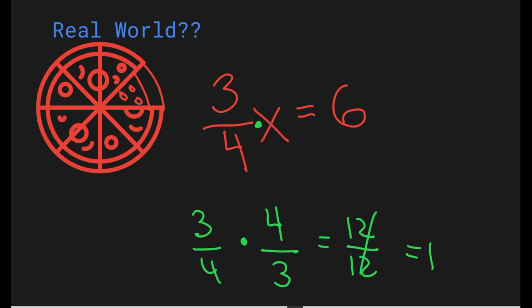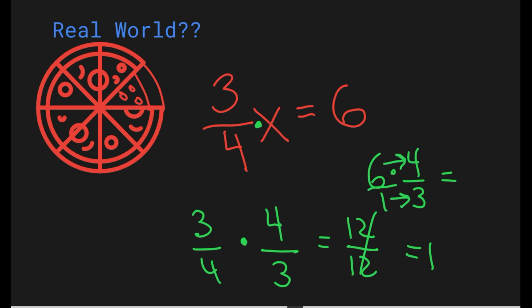So I'd have 6 divided by 3/4. But I would go ahead and change that divided by 3/4 into multiply by 3/4. Sorry, multiply by 4/3, the reciprocal. I'm going to throw a 1 up under there. And with multiplication of fractions, really easy.